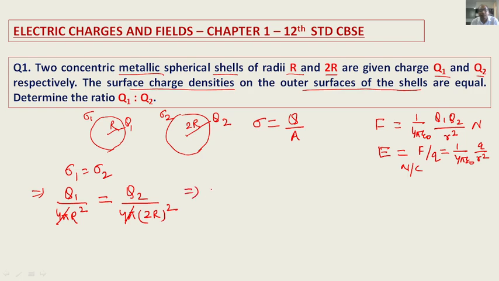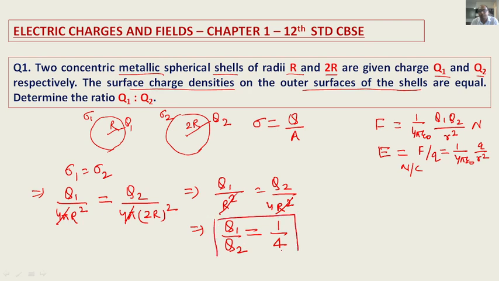Again we write q1 by r square is equal to q2 by 4r square. This r square also gets cancelled, and we find the q1 by q2 ratio, which is being asked in the question, as 1 by 4. So the q1 to q2 ratio is 1 by 4.